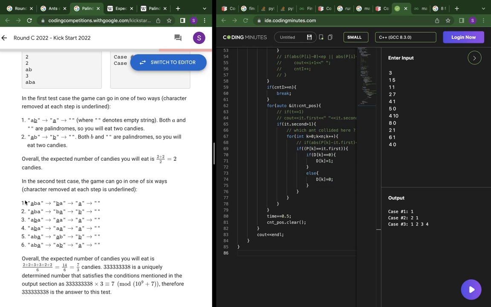So I'll go through each test case and divide by that factorial, and in each way, I'm going to calculate the number of palindromes, and that is going to take a lot of complexity.